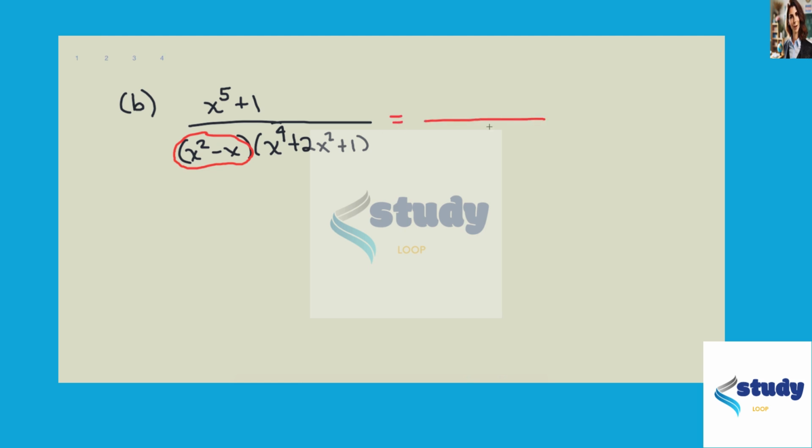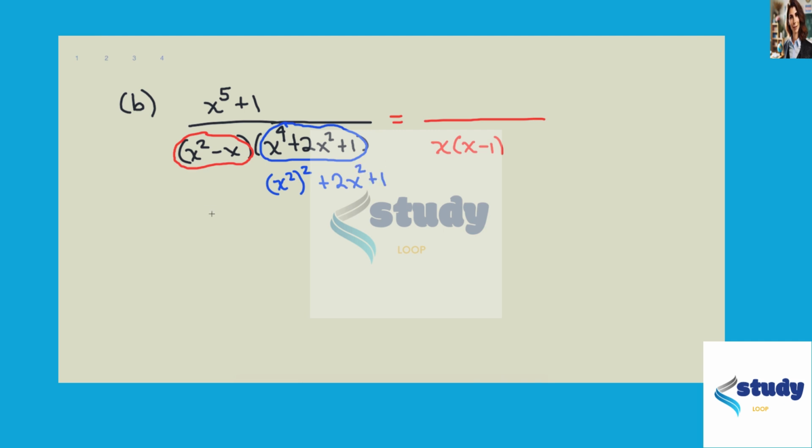So there we can pull out x, and we'll have an x minus 1. Then for this term over here, although it's 4th degree, it's technically a quadratic in disguise. We can rewrite this as x squared squared plus 2x squared plus 1.